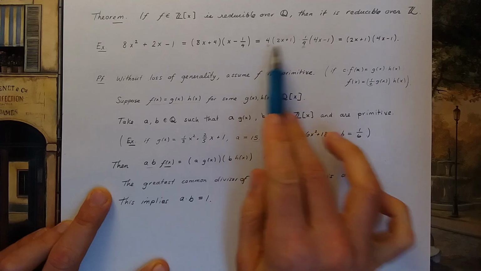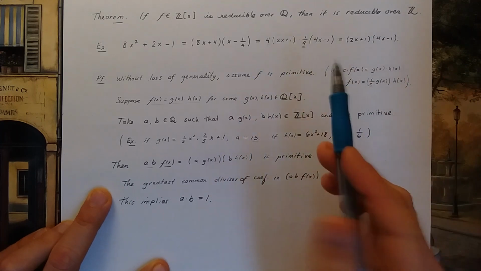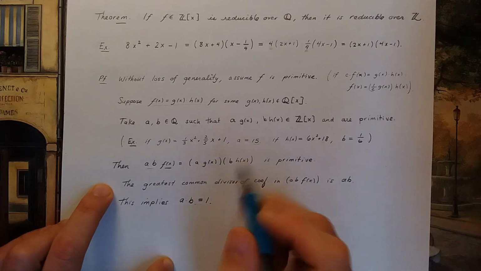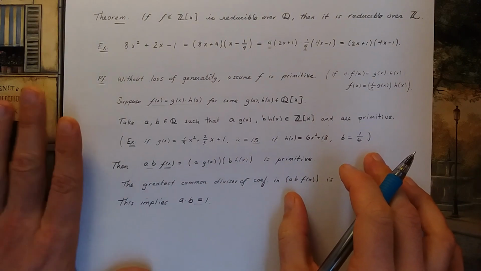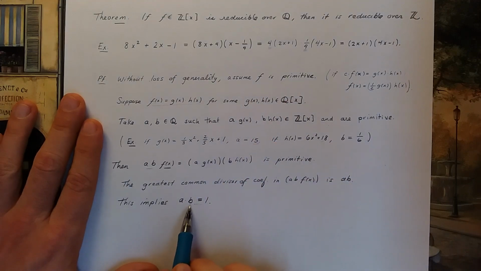It's just kind of like what happened in our example up here. The 4 and the 1/4 multiplied gave me 1. That happens every time is what I'm showing you. If you started off with a primitive polynomial and you do this, the a times b gives you 1.